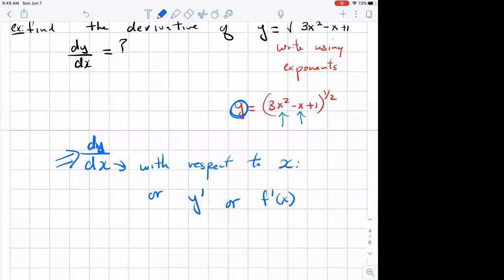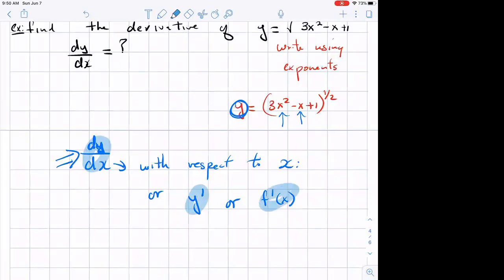Just like how sometimes if I call upon you, I'm going to call on Mangar, sometimes I call her Yo, sometimes Miss, sometimes by her first name, if I pronounce it right. So different names for the same thing: dy dx, y prime, f prime.